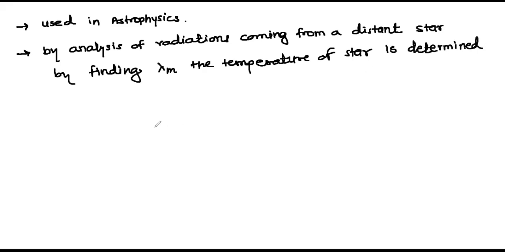How do we determine it? T is equal to B by lambda m. Got it? This is a very important application of Wien's displacement law. Clear? Understood?